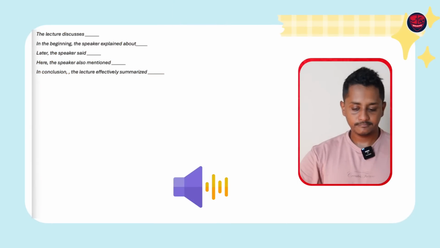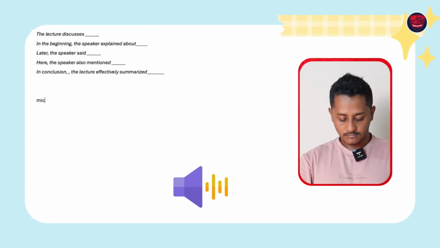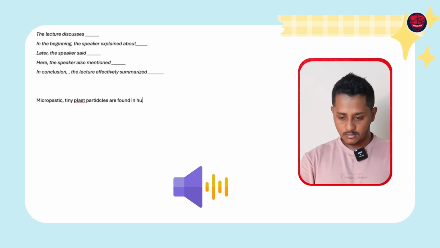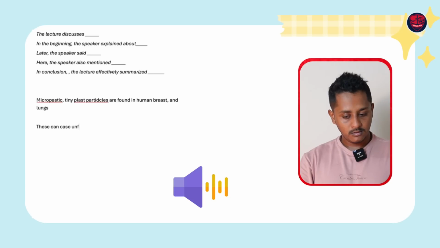Let's start. New studies reveal that microplastics, tiny plastic particles, are now found in human blood, lungs, and even breast milk. Alarming, right? These particles can cause inflammation, hormonal imbalances, and even increase the risk of heart attacks and strokes. Inhaling airborne microplastics may also lead to lung damage and respiratory stress.